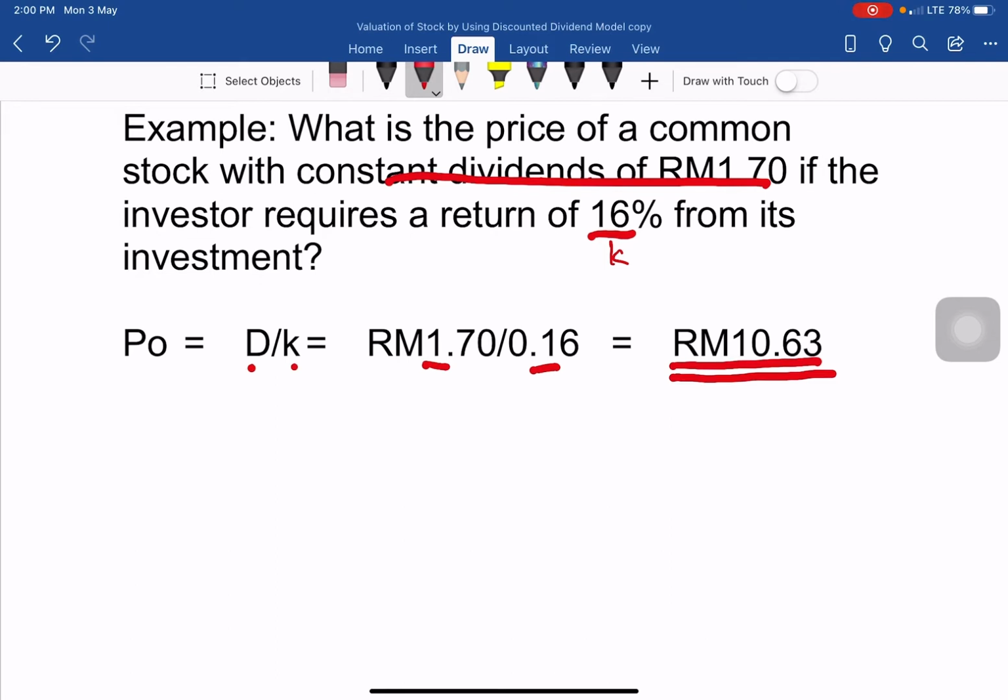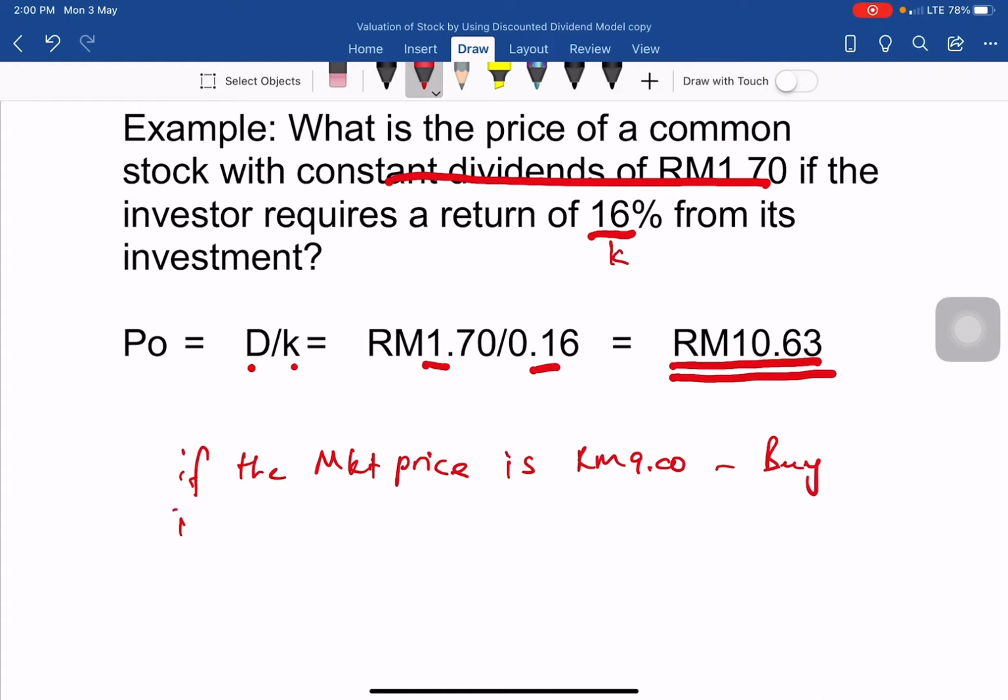So let's say the market price today is RM9, so we are going to buy. Because this is our benchmark, or our limit: the maximum value that we are willing to pay for this stock is RM10.63, and if the market value today is RM9, we buy.